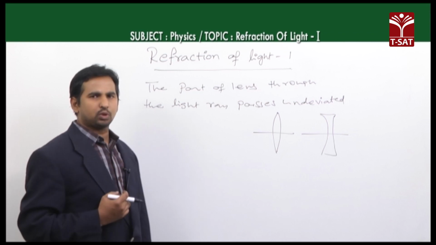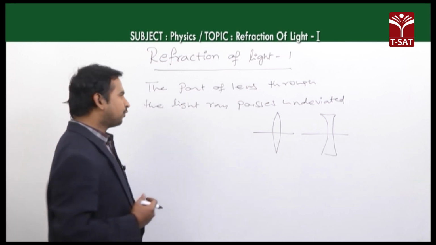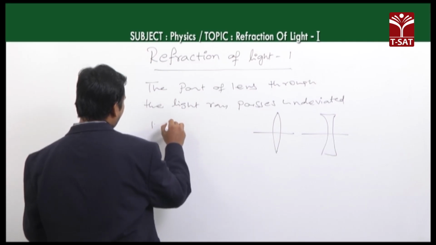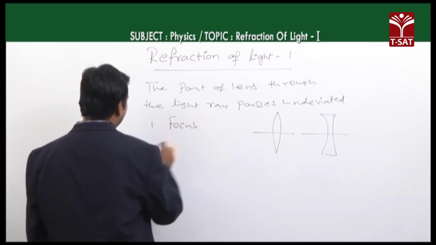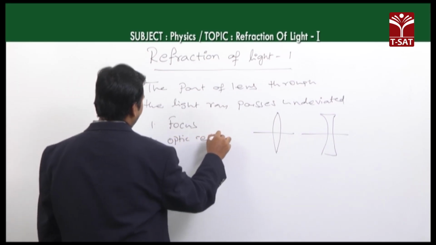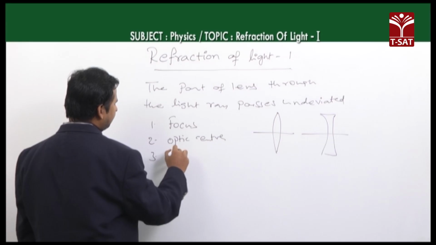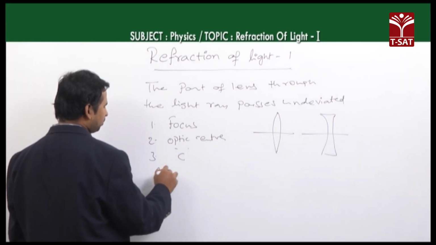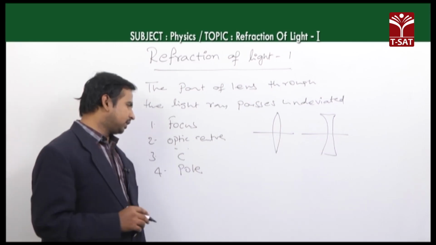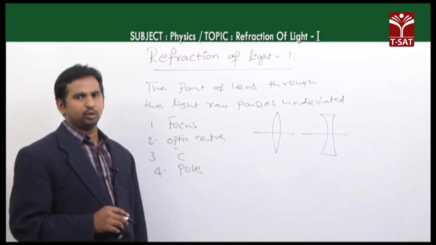Through which part is that possible? That is the question, and the options given are: first, focus; second, optic center; third, center of curvature; and fourth, pole, okay.